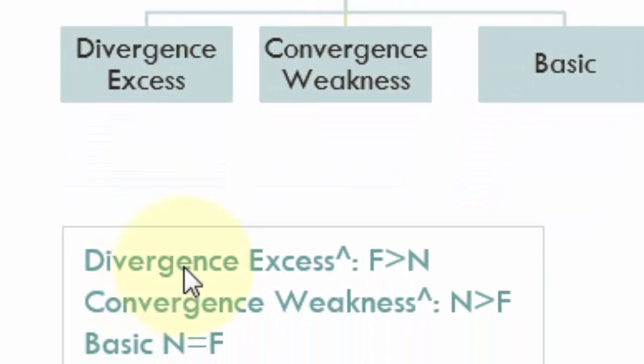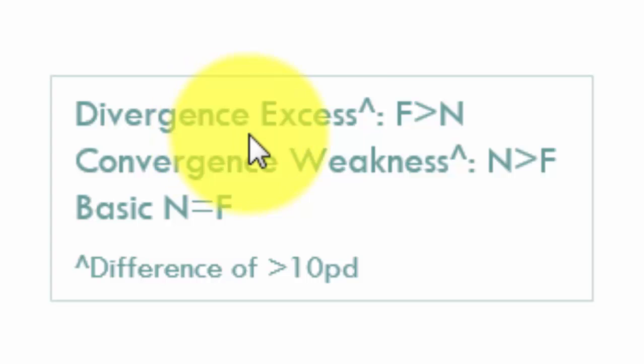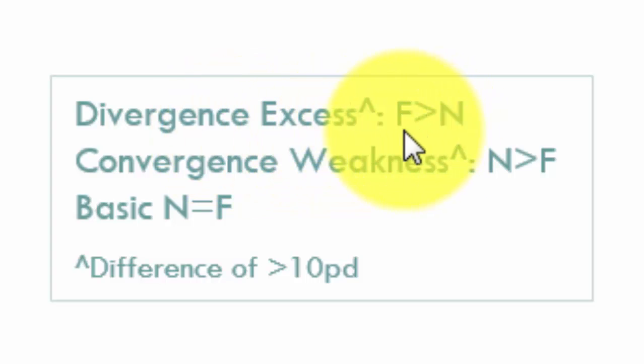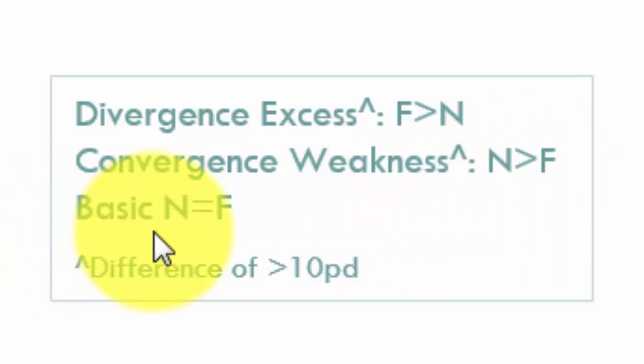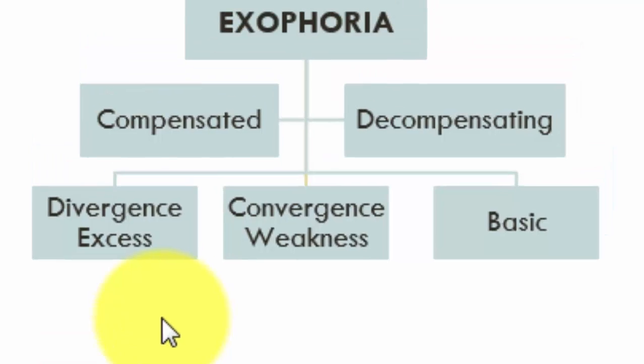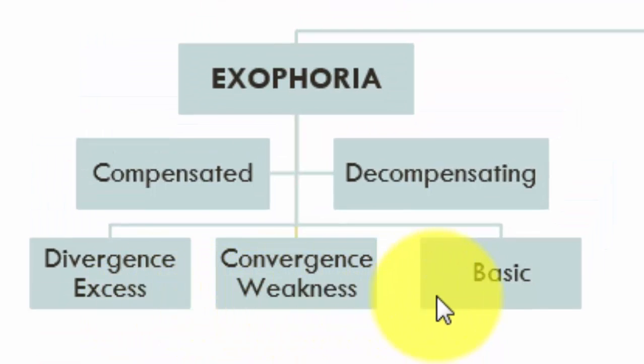So if we have a look here, we have a term called divergence excess for when the exodeviation is greater at far as compared to near. We have the term convergence weakness when the deviation is greatest at near versus far. And then we have a basic or mixed type of exodeviation when near equals far. And so this is the next classification system that we have in terms of exophorias.